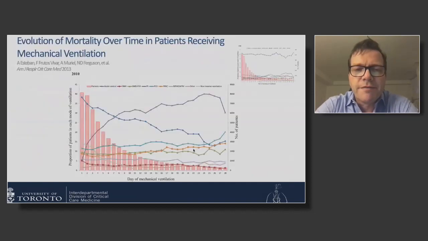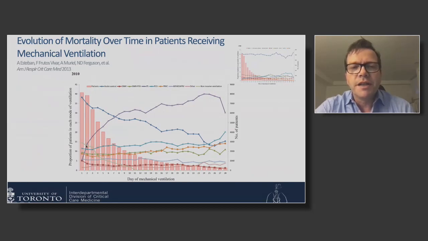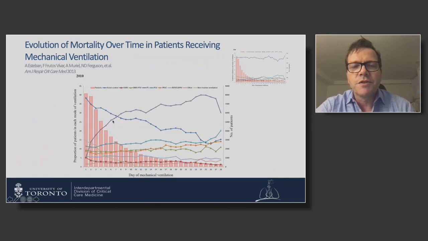So here's a graph from a worldwide survey of mechanical ventilation practices, now coming up for 10 years old. It shows, on any given day, what was the most common mode used. And you can see here that on the first few days of mechanical ventilation, volume cycled assist control was the most common. But this purple line here is pressure support ventilation, which we know for sure is definitely only spontaneous breathing.